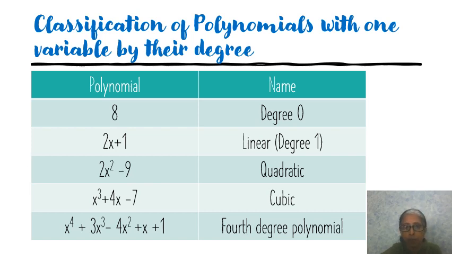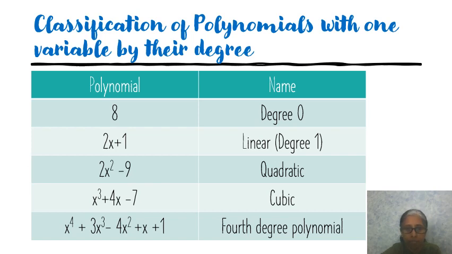So you can call that polynomial a 0 degree polynomial. Okay, and the next one is 2x plus 1. What is the degree of that polynomial? The exponent of x is 1, and therefore it is a 1 degree polynomial. Okay, degree is 1, and therefore you call it linear polynomial. The name given to that is linear polynomial because it is having degree 1.